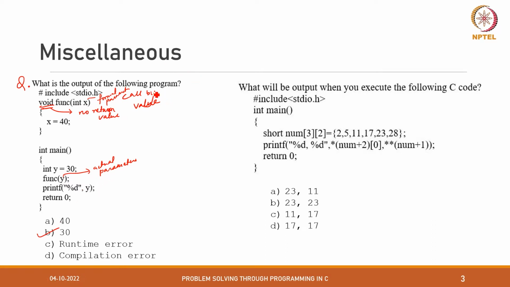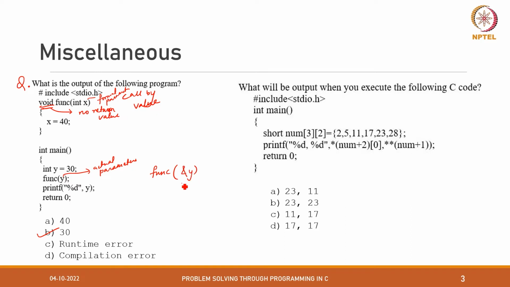So in call by value, we don't pass the address, rather we pass the value of y. So here when we call this func of y, it passes this value of 30 to the function. It does not pass the address of y. A different way of doing this would have been if we passed this.